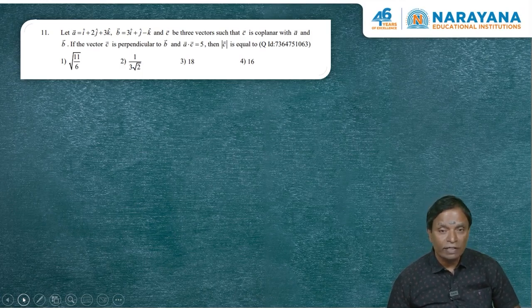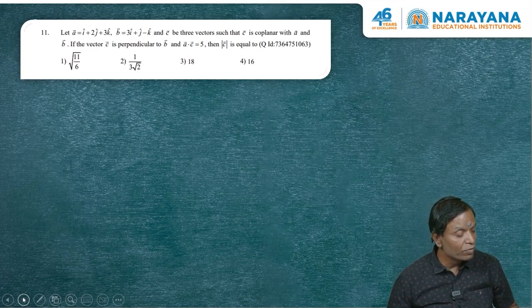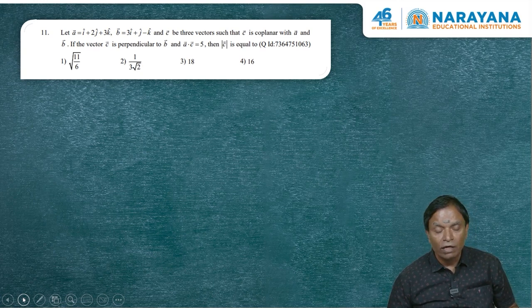Observe the question once again. You are given A bar and B bar, and a vector C bar which is coplanar with the given vectors, and you are given A dot C equal to 5.